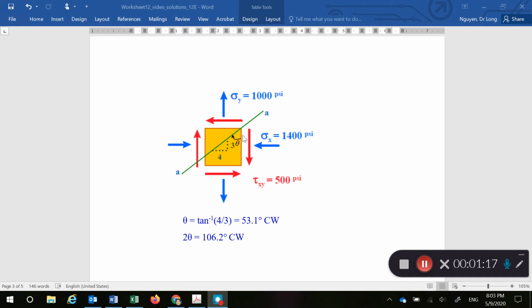In this case, from the original vertical x-plane to plane AA is a clockwise rotation. So that angle theta is the inverse tangent of the slope triangle 4 over 3, which is 53.1 degrees clockwise.